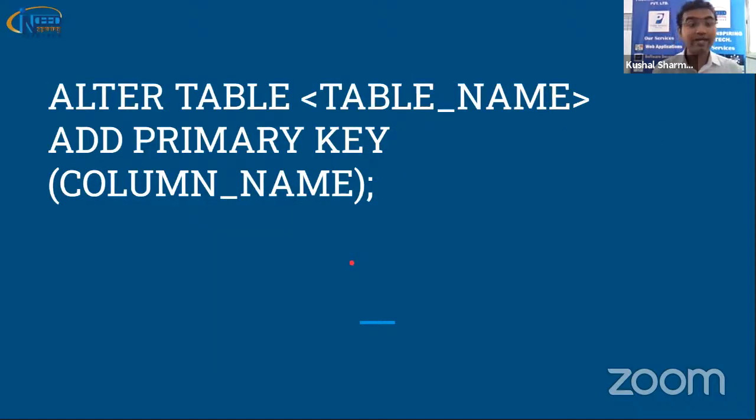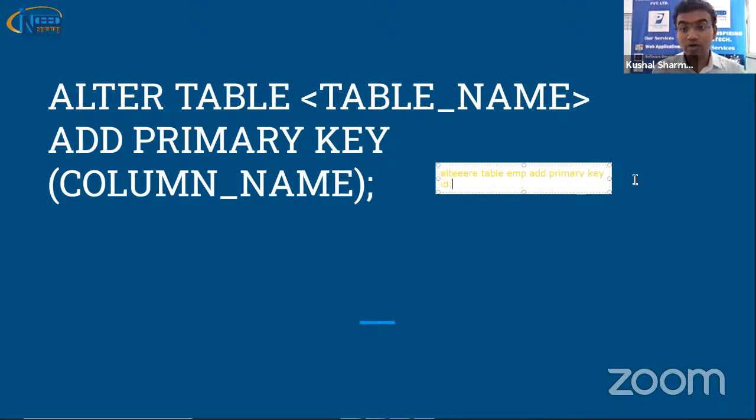So here we will be using the alter table command. So alter table, and then we will be using the table name and add primary key and then the column name. For example, I have a table named employee. So it will be working like alter table emp add primary key, and then I'll have to write, let's say, ID.